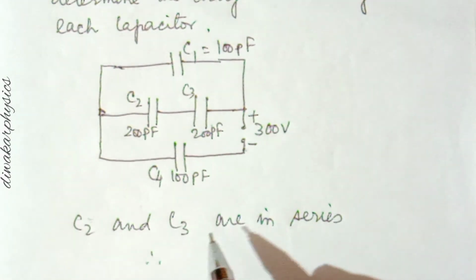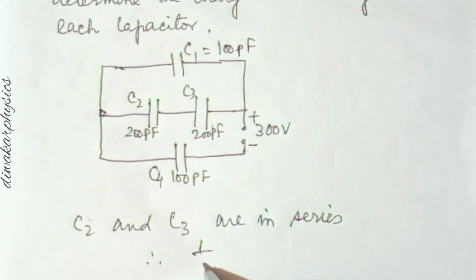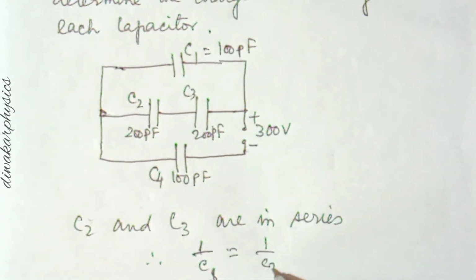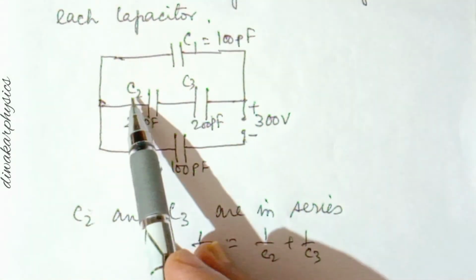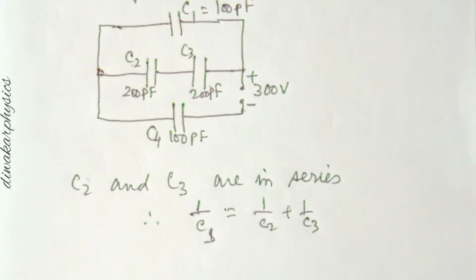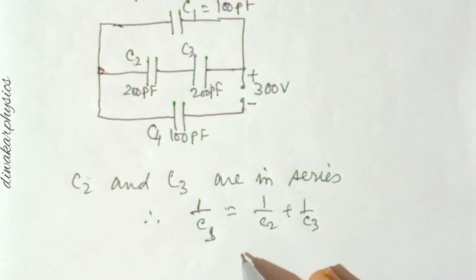Therefore, what is the formula for series? 1 by CS is equal to 1 by C2 plus 1 by C3. I have just taken their names, C2 and C3. So use this formula.